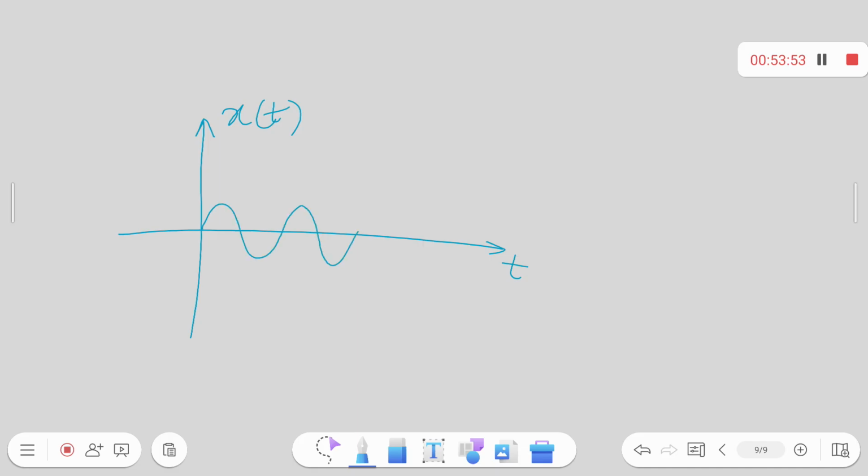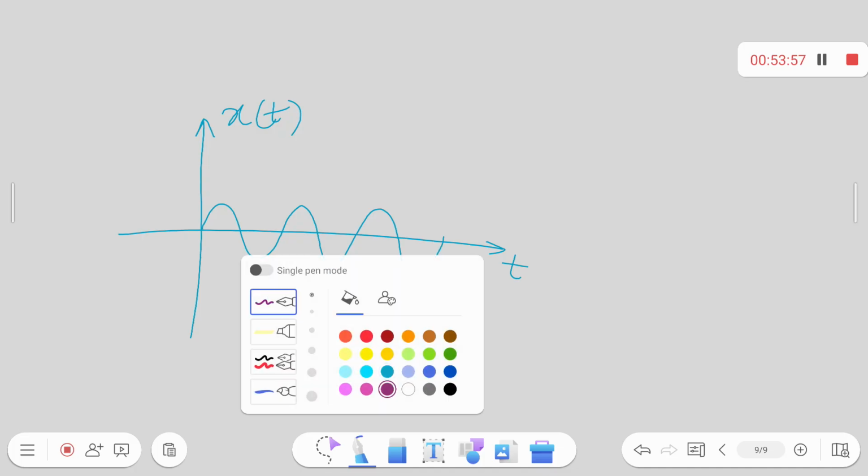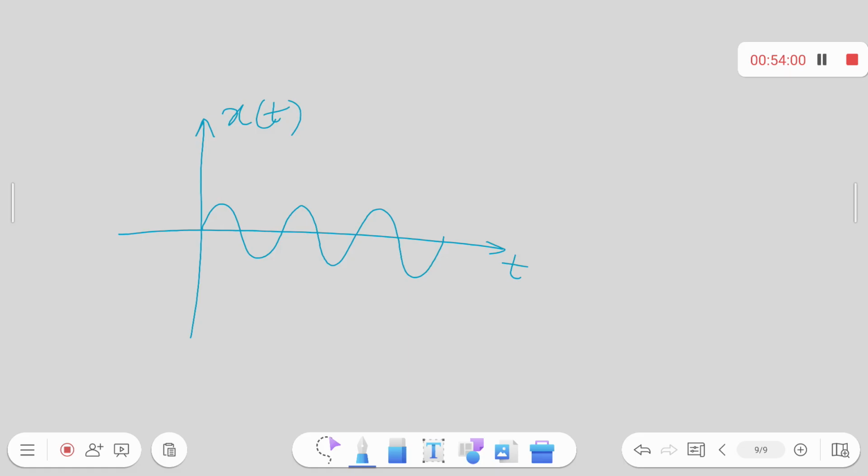This signal is a periodic one, but the samples that you are taking, like this, then this, then this, then this.